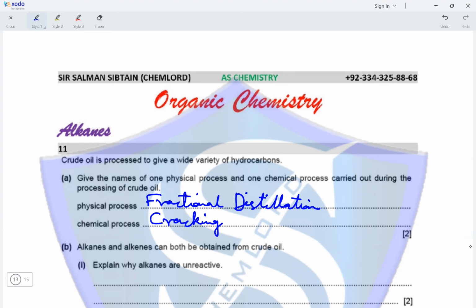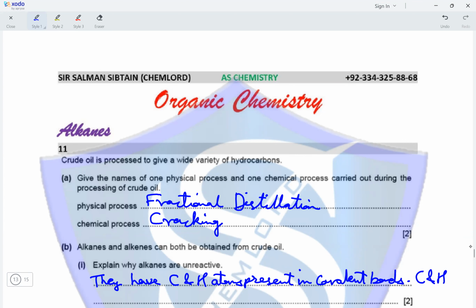Alkanes and alkenes can both be obtained from crude oil. Explain why alkanes are unreactive. They have carbon and hydrogen atoms present in covalent bonds.